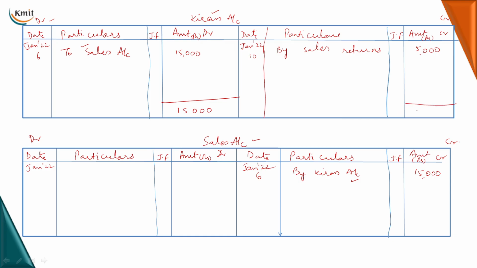We simply go by the highest total. So what is the balance amount here?